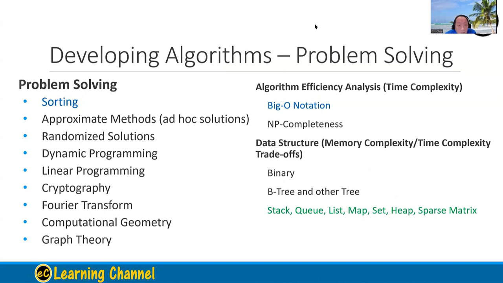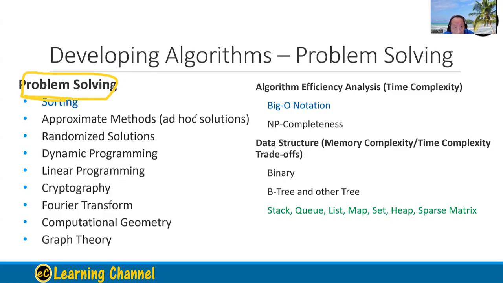Okay, so the number of function calls. When you develop an algorithm, number one, you need to solve the problem first. There are many known algorithms that can solve the problem.